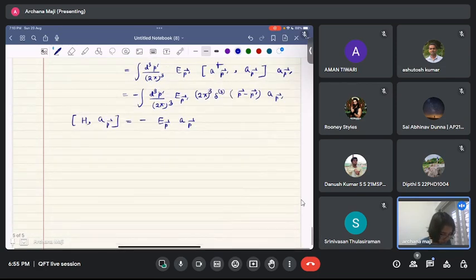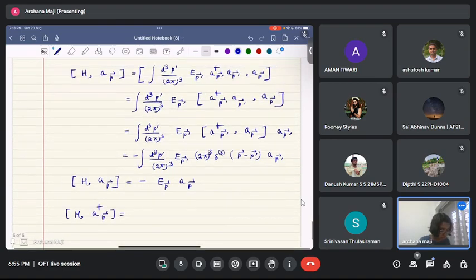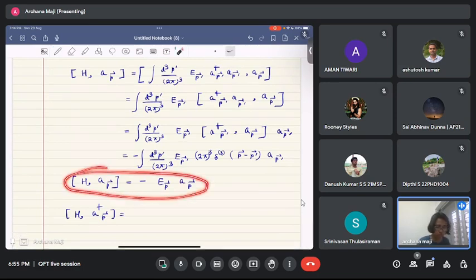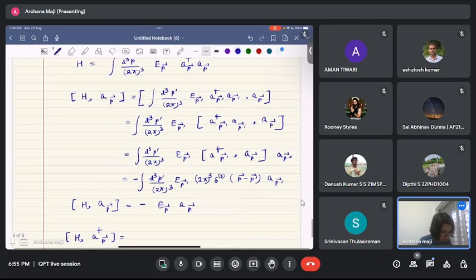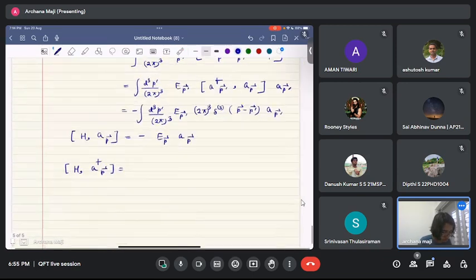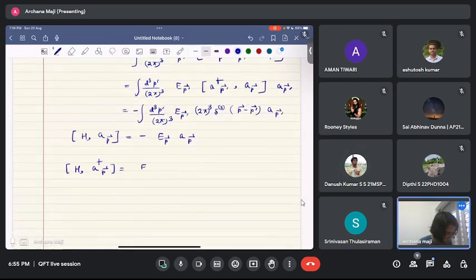Okay. Likewise, we can find out the commutation between H and a dagger. And this resembles the commutation you know from your quantum mechanical harmonic oscillators, the same commutation relation you are obtaining here. Let me just go over it quickly.